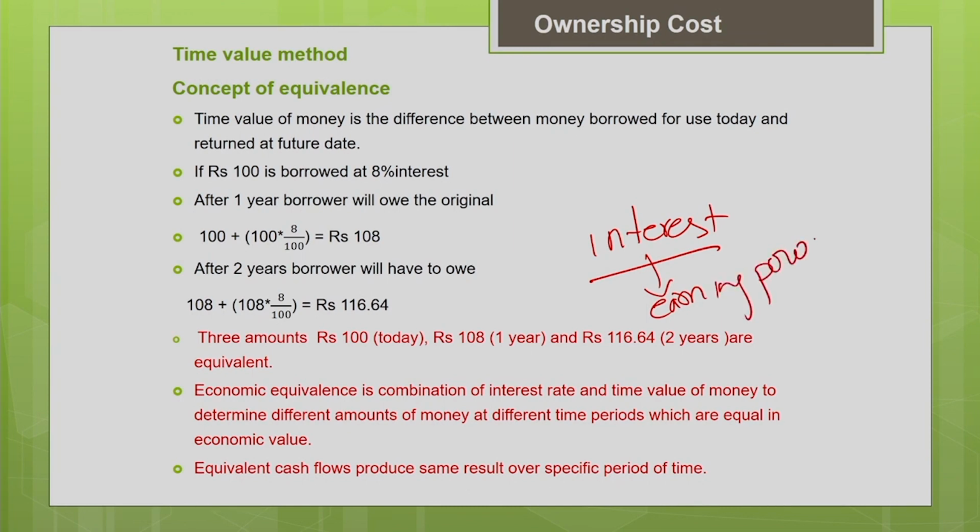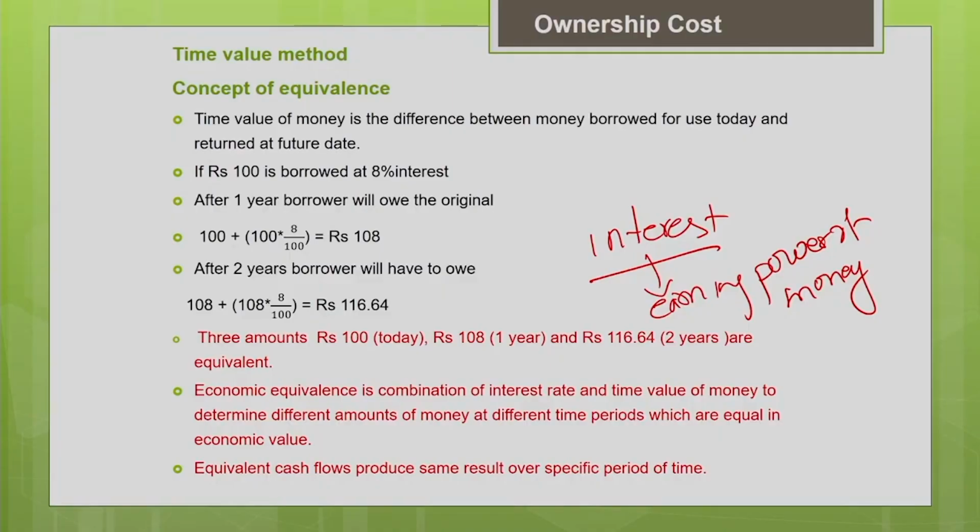From another perspective, by giving the 100 rupees to the person, the lender is losing the freedom of using that 100 rupees. To compensate for that, he is charging you this interest, a kind of rent we pay for using his money. You can define it in different ways, but basically interest is the earning power of the money.